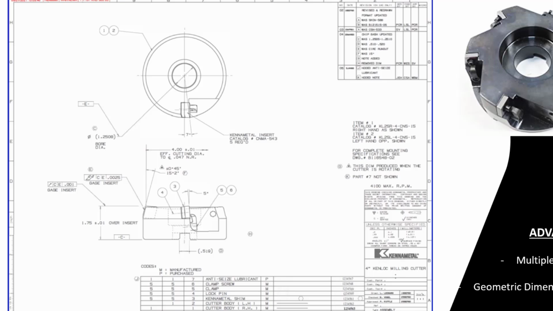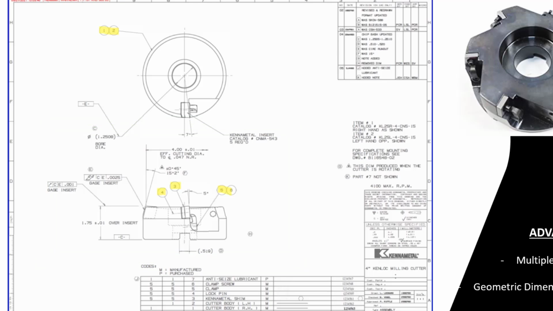This print reflects multi-component assemblies and also something known as geometric dimensioning and tolerancing. As you can see over here by the balloons, we have a few more components reflected in this total assembly, and they're put together on this one cutting tool.